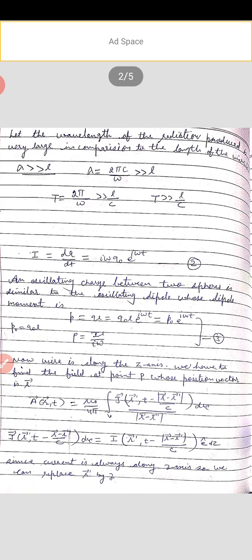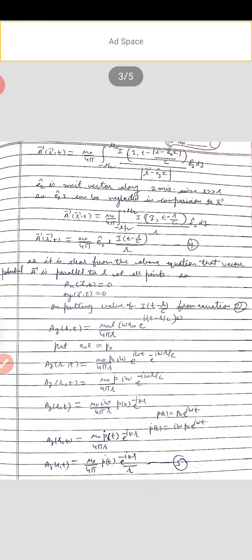Now we can write that j(r', t minus modulus of r minus r' divided by c) d tau is equal to I(r', t minus modulus of r minus r' divided by c) e z cap dz. Since current is always along the z axis, we can replace r' by z.